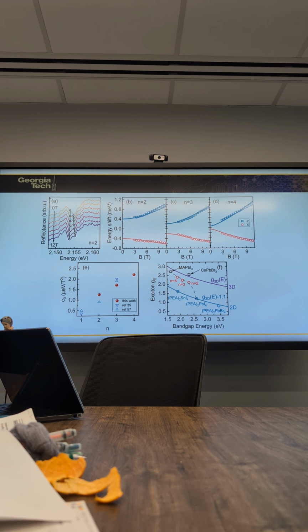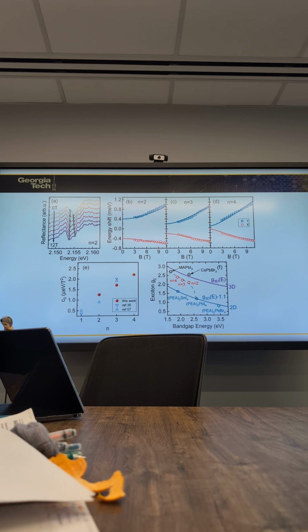The plot on the E is the diamagnetic coefficient as a function of the number of inorganic octahedron layers. The relation here is that if you increase the number of layers, the diamagnetic coefficient increases.